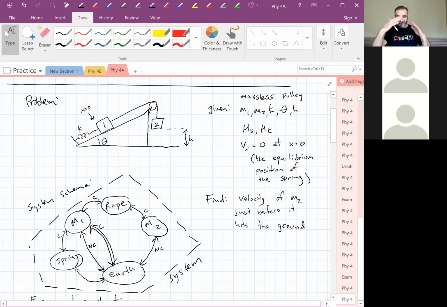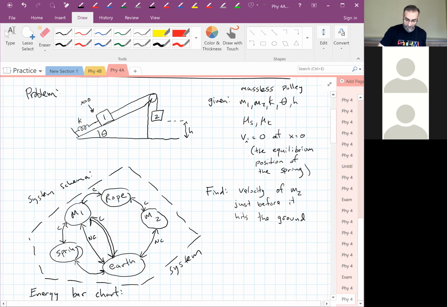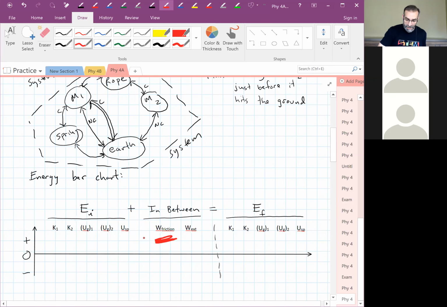If instead of a cliff at the end of my incline it was another incline, and both of the masses were sliding, I would have two friction forces, right? A work done by friction on block 1 and a work done by friction on block 2. I would just add a second one here. But I only have one, so I just left it that way.